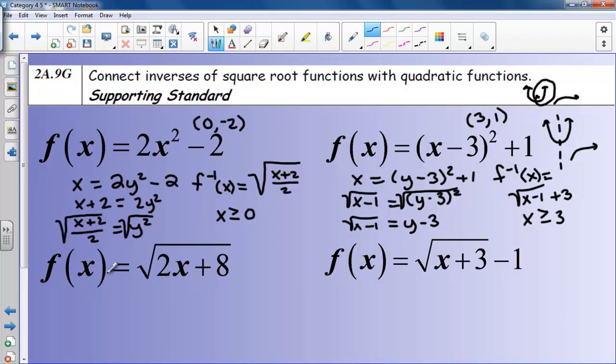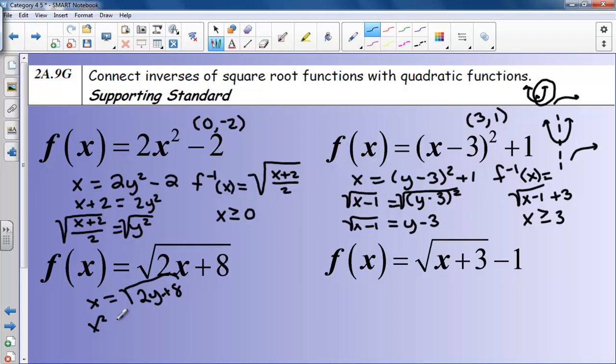And then we're going to work the other direction. So this time I have radical and I'm going to work back towards the quadratic. So I have x equals the square root of 2y plus 8. So I'm going to square both sides.